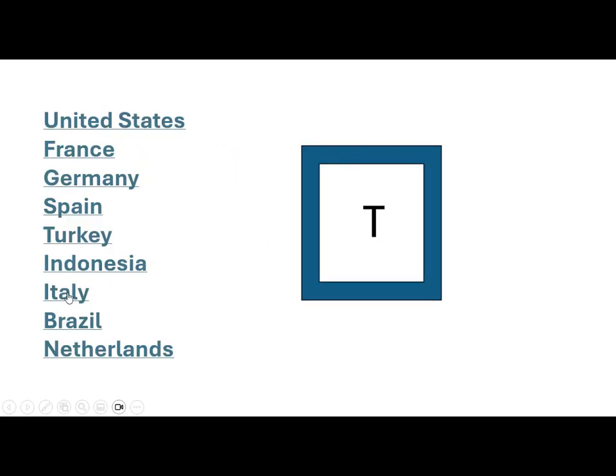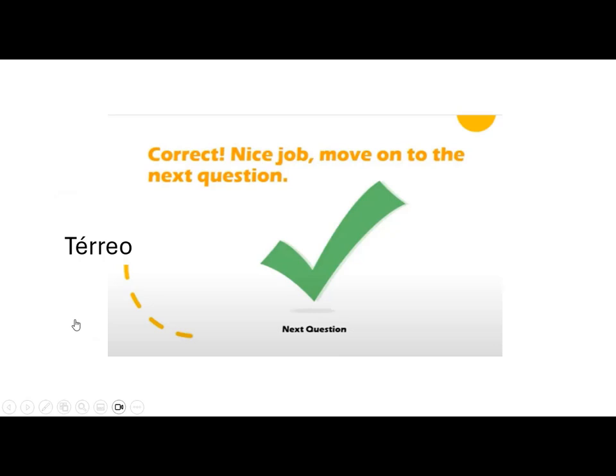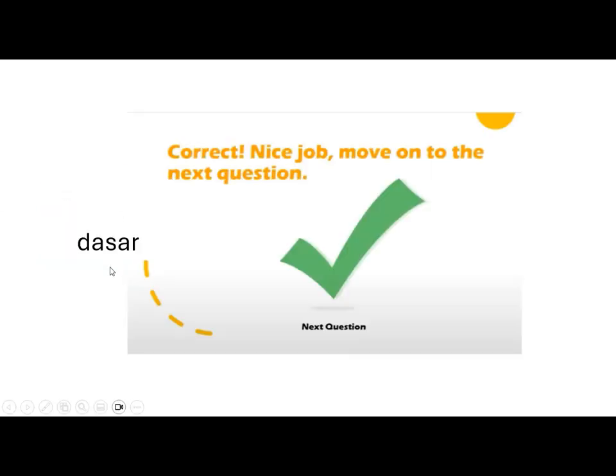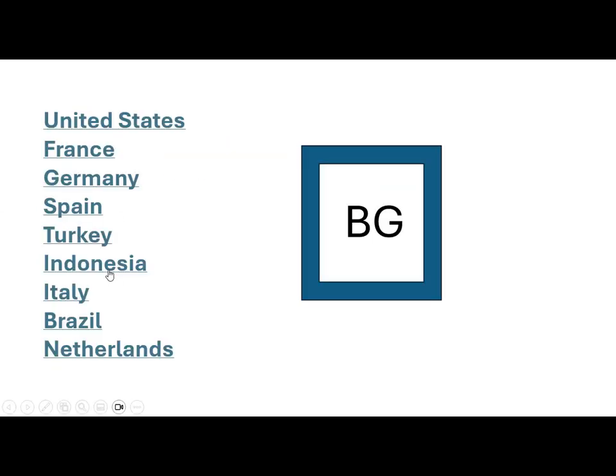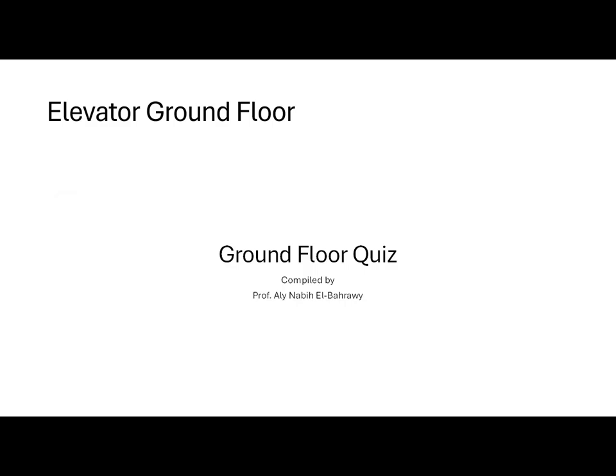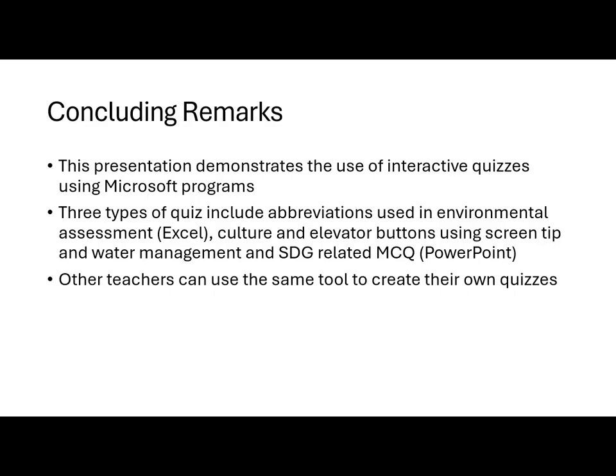I think this is Italy, Piano Terra, and this is T. I think it is in Brazil, Térreo, and the D is Indonesia, in the Indonesian language Dasar, and BG, I think this is the Netherlands by elimination. Yes, it's Begane Grond. This is the end of the last quiz on ground floor.